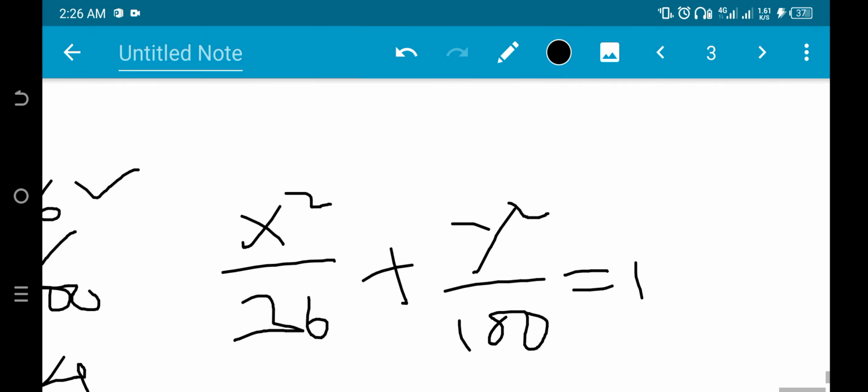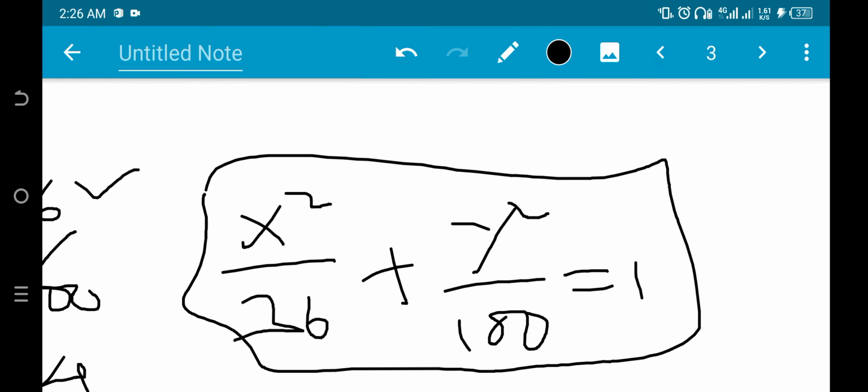So this is our equation. So this is how this powerful tool, or this small topic, is really important under ellipse. From here we'll be moving to the applications of ellipse.